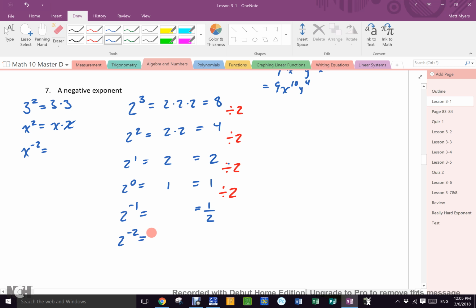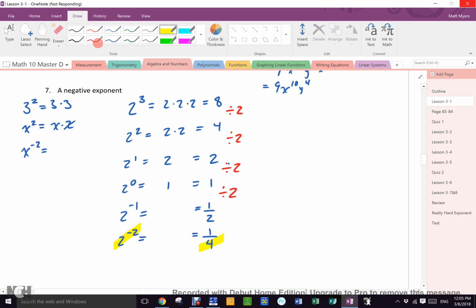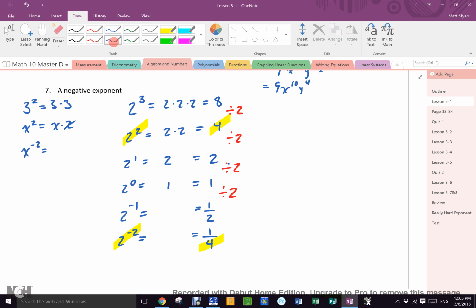Negative 2, which must be 1 over 4. Notice, please, 2 squared, 4; 2 to the negative 2, 1 over 4. What is that 4 really? Because it's not really 4. What is it really?